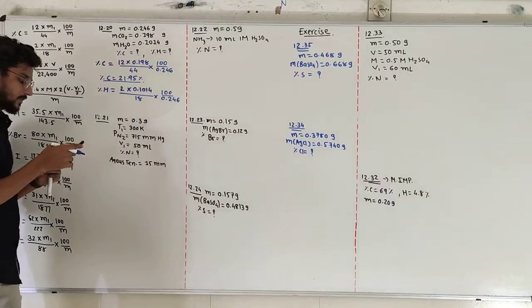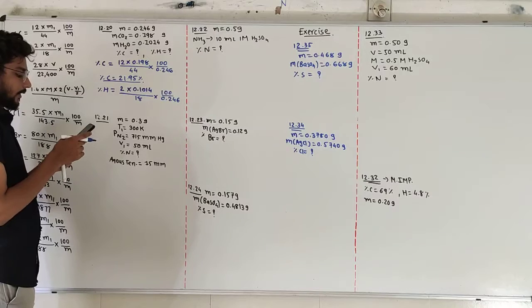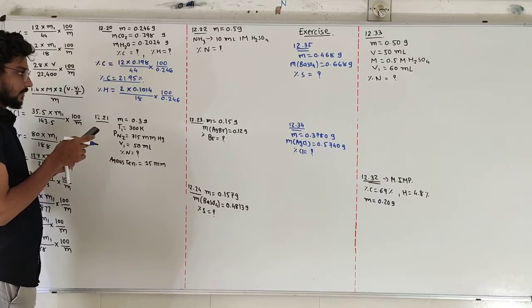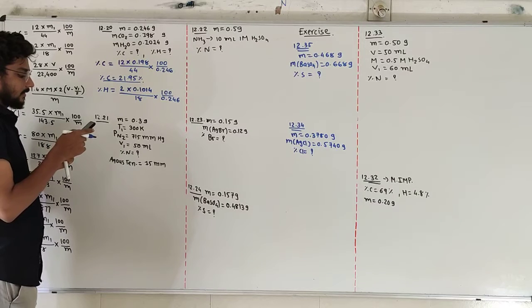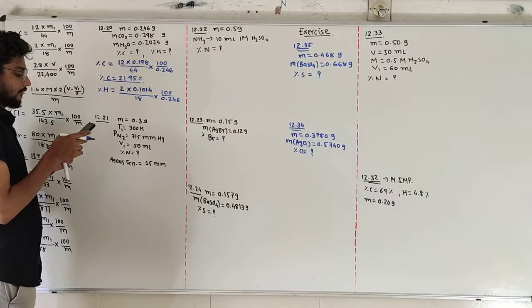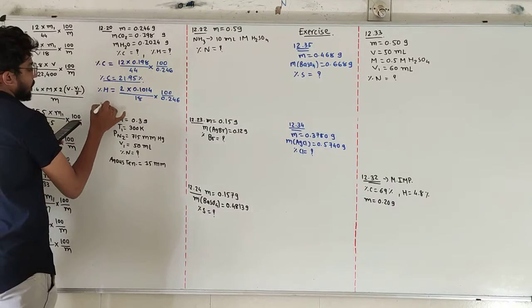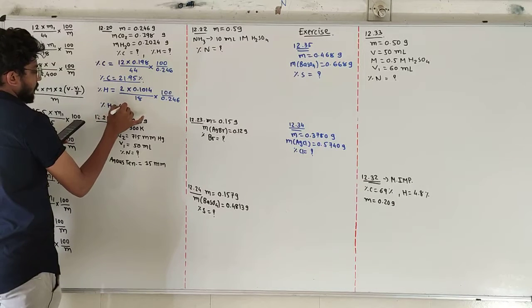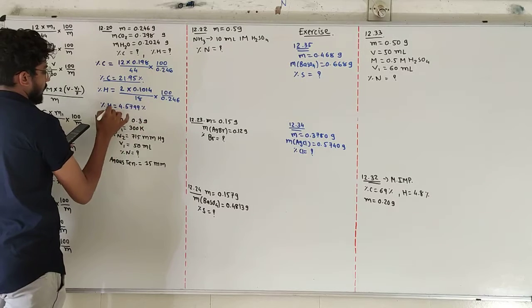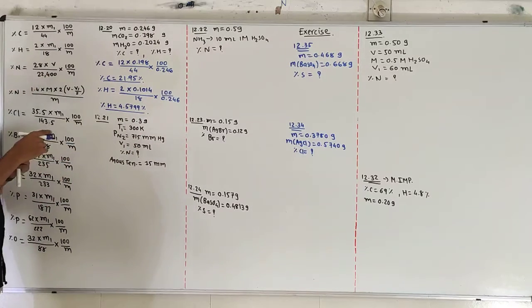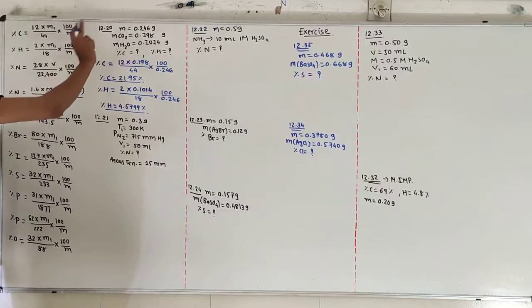So the percentage of hydrogen is 2 into 0.1014 into 100 divided by 18, again divided by 0.246. Here the percentage of hydrogen comes to 4.5799%, in the sense 4.58%.